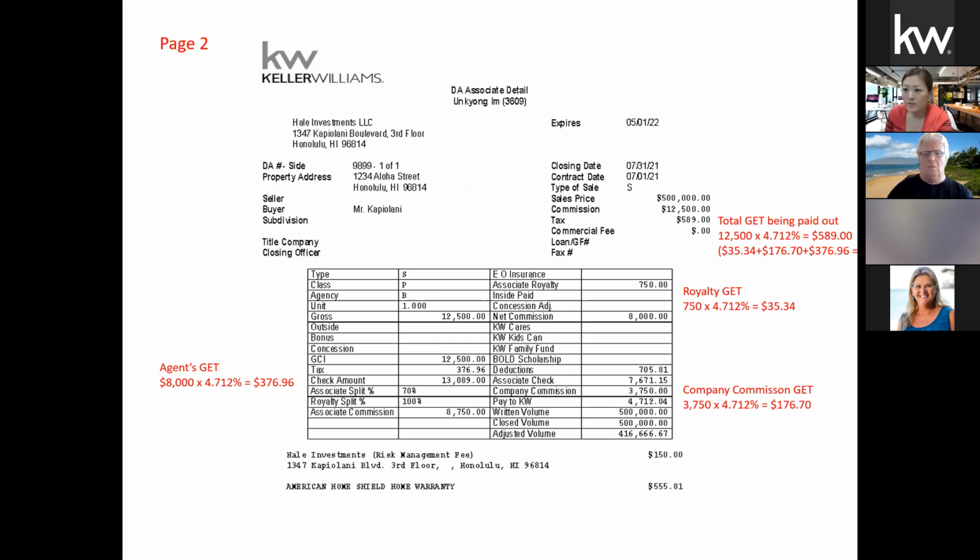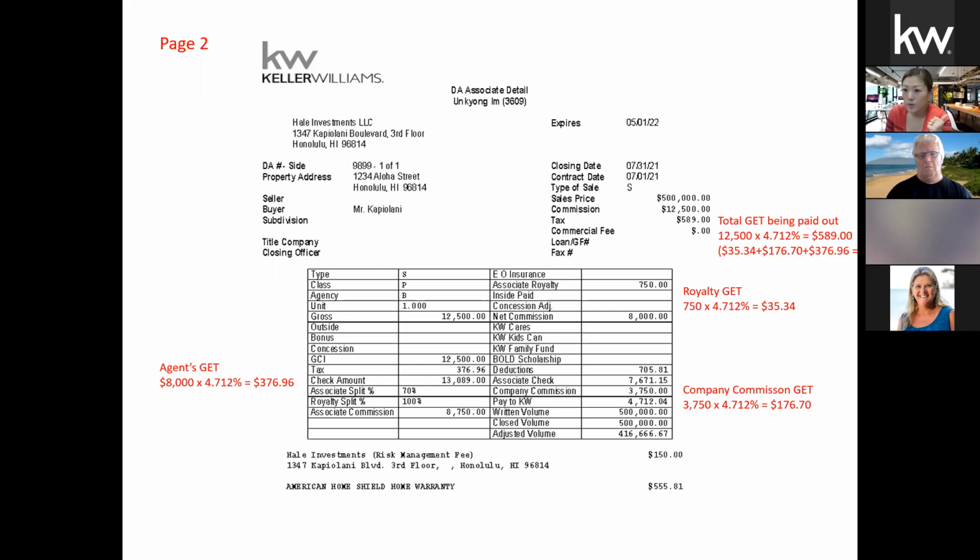Now, the $589 is broken down and split amongst the commissions, which is royalty, the company commission, and the agent's commission. So the agent is receiving $376.96 in GET for their portion.